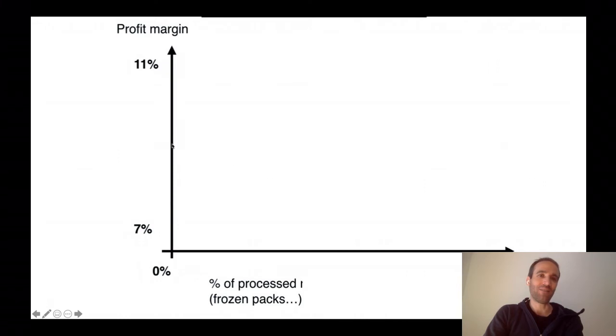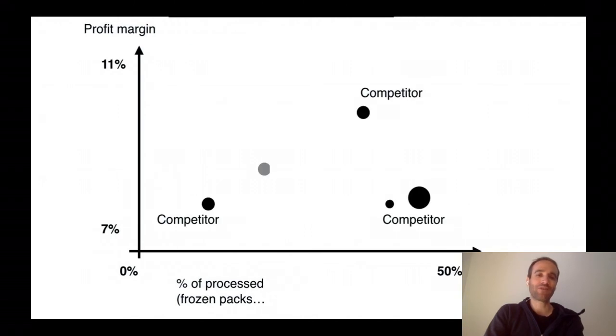On the y-axis he plotted the profit margin of the companies in the space, and here he plotted the percent of processed food of the products that the company sold. And then he proceeded to plot the various companies in the space. So you have a competitor here, another one here, here, here, and this was their client. And the client wanted to grow and acquire another competitor.